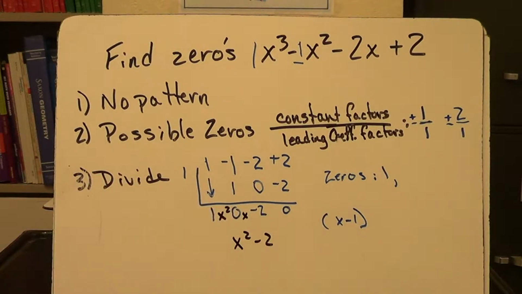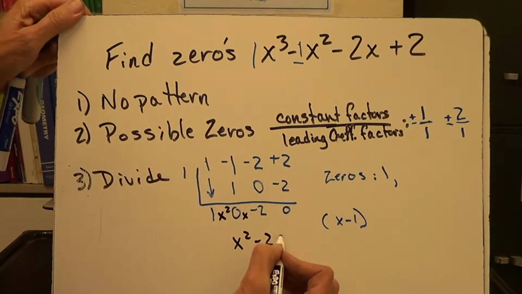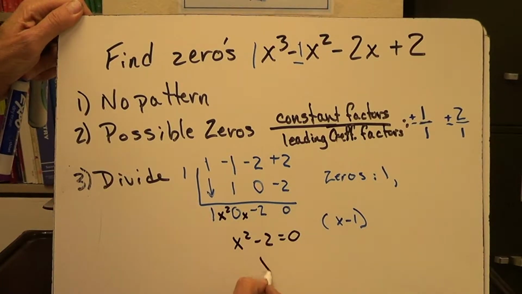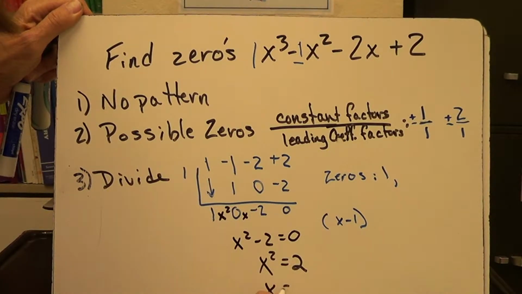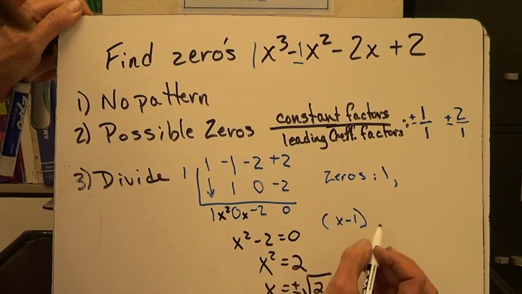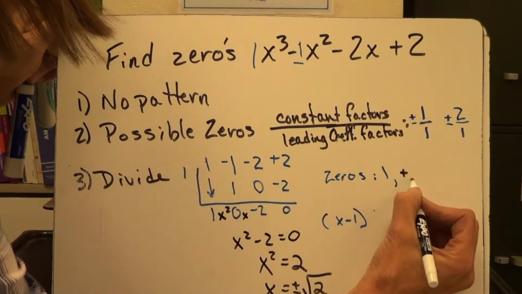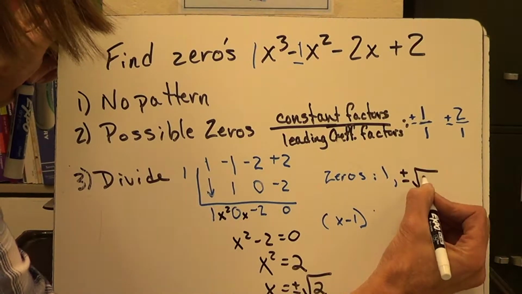Since you don't have a middle term, you don't need to worry about trying to factor with that. You can actually just set it to 0 and find your other zeros. Add 2 to each side, so you'd have x squared equals 2. Final step would be x equals plus or minus radical 2. So we have the zeros are plus minus radical 2.